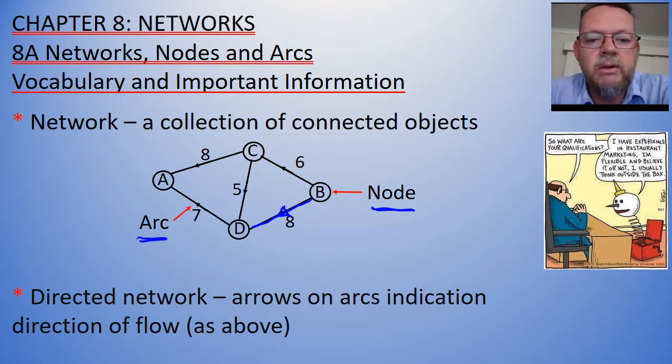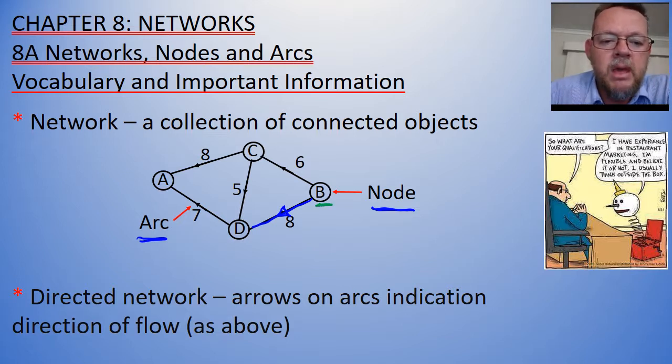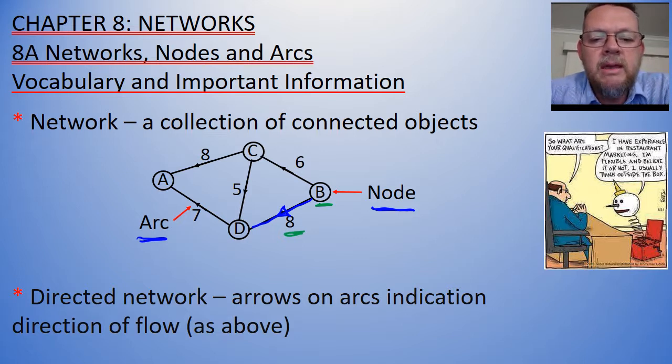Sometimes you'll see this diagram called a digraph, and that just means it's a diagram which has a directed representation in it. So the lines here are called arcs, and we have the nodes here. To start off in this chapter, we're going to give the nodes a letter, and we're going to give the arcs a value. When we move on next chapter, it will change a little bit.